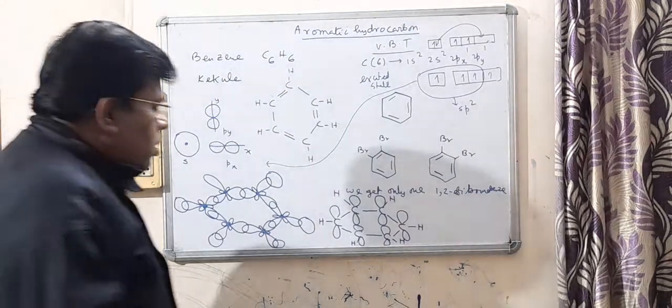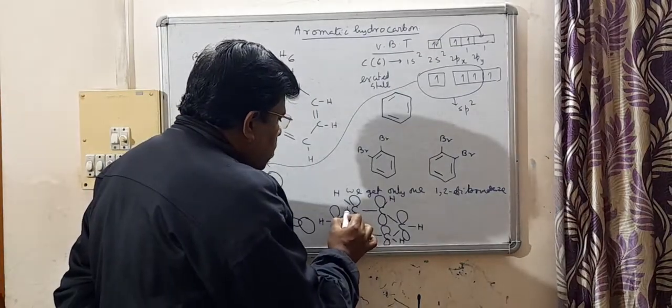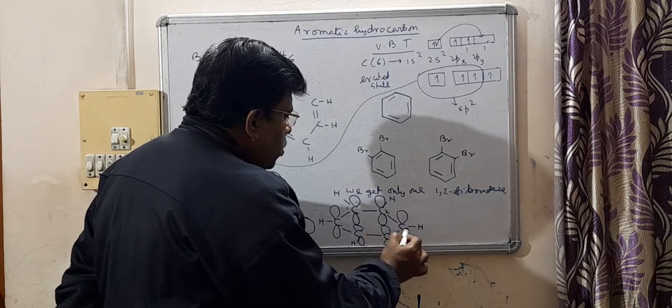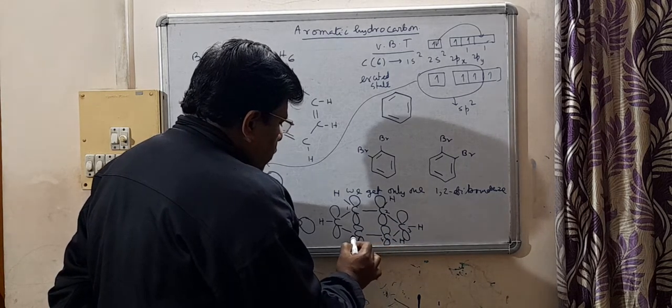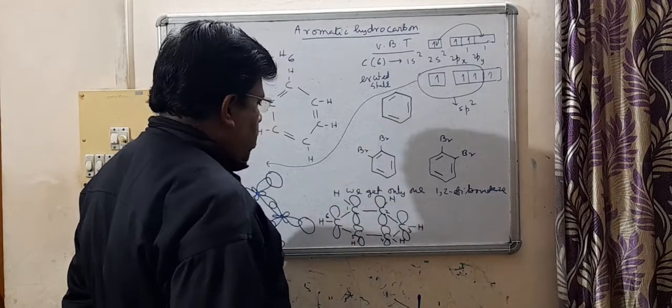So let me number these carbon atoms. Suppose this is 1, 2, 3, 4, 5 and 6 carbon atoms.